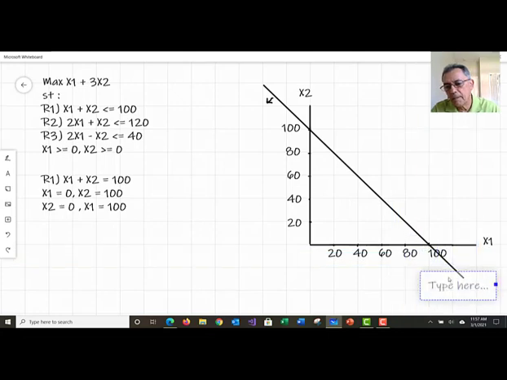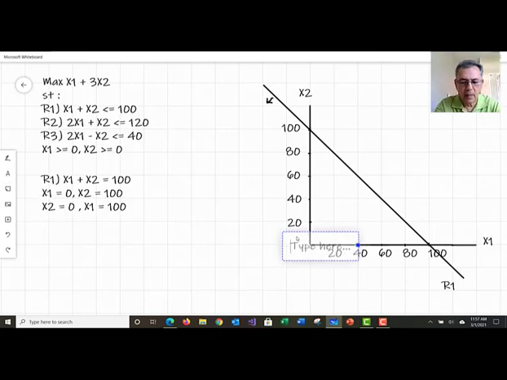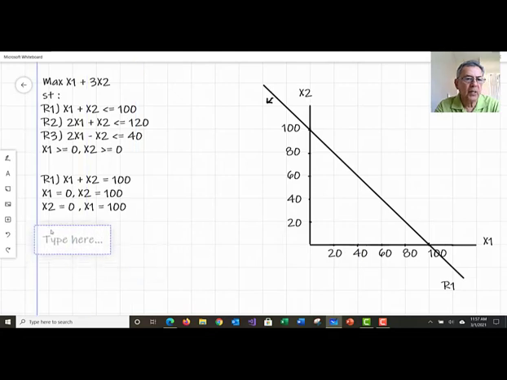Alright, right here. Now, similarly, we are going to plot the second line. So we go ahead and make the R2 an equality. In this case, it's 2x1 plus x2 equal to 120.